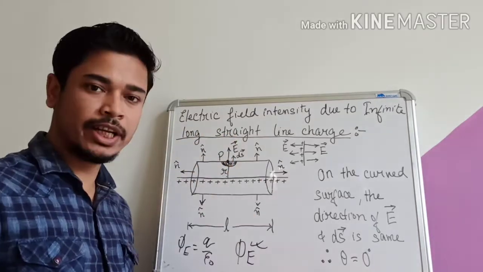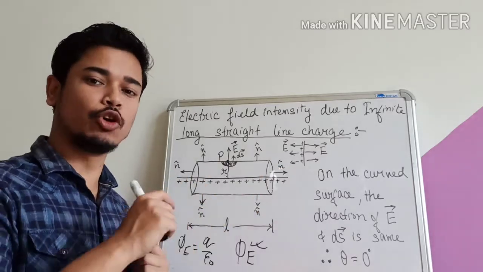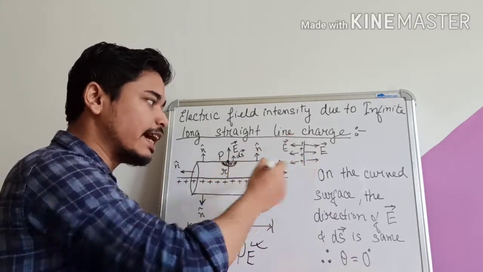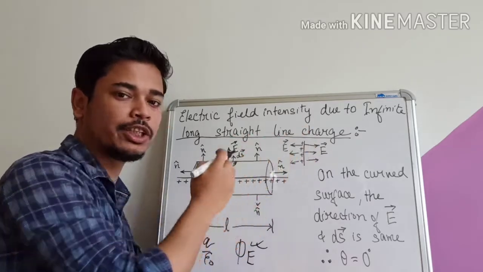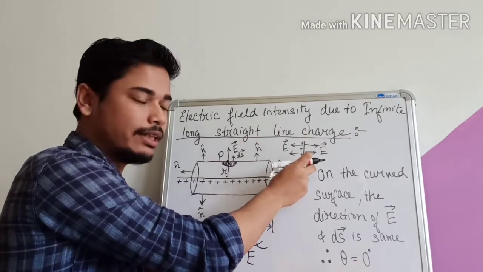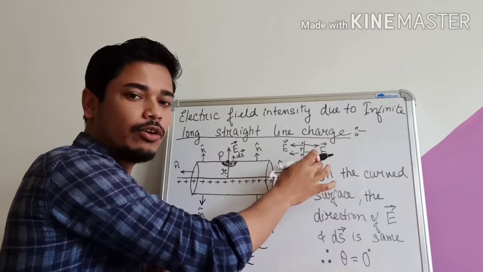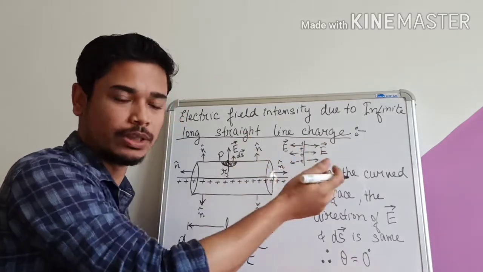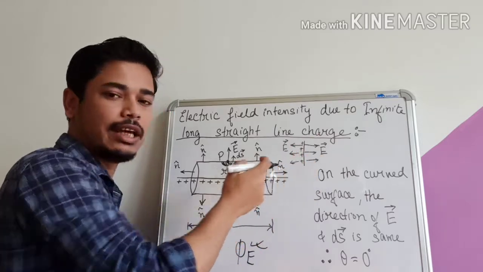As you already know, for a line charge, the direction of the electric field is normally outwards. If the positive charges are uniformly distributed over the line, then the direction of the electric field will be perpendicular or normal to this surface and outwards. So for this line charge we have the electric field along these directions.